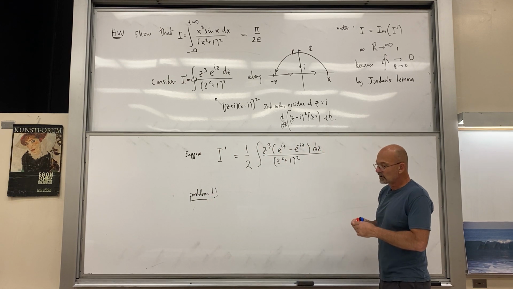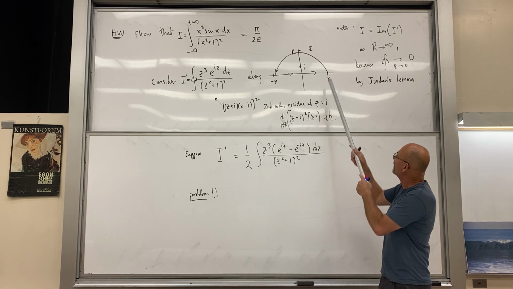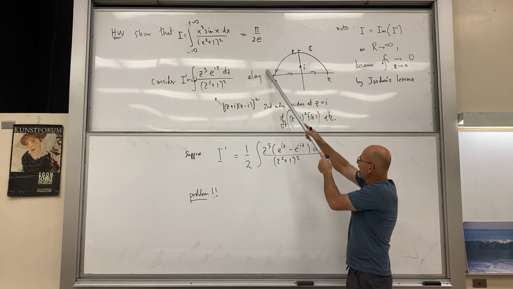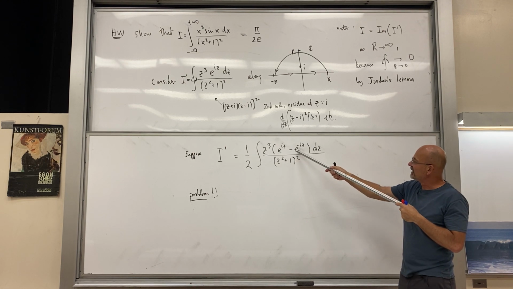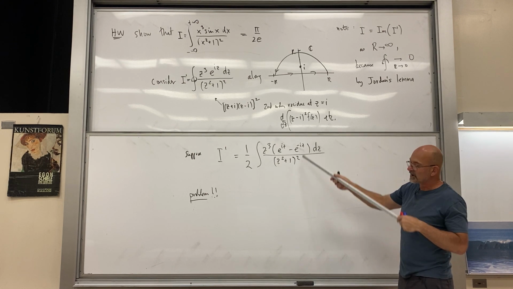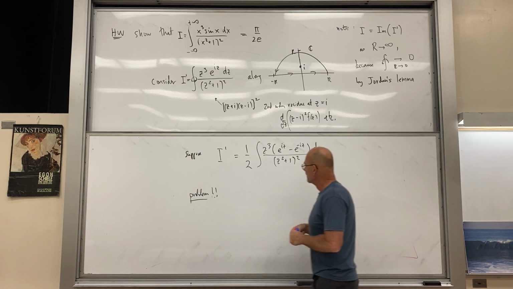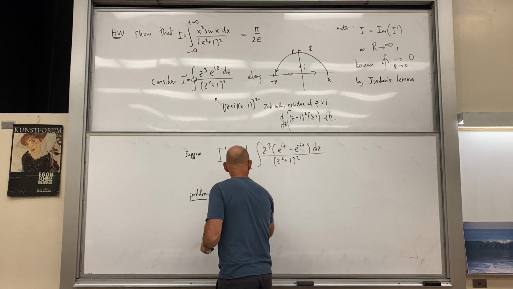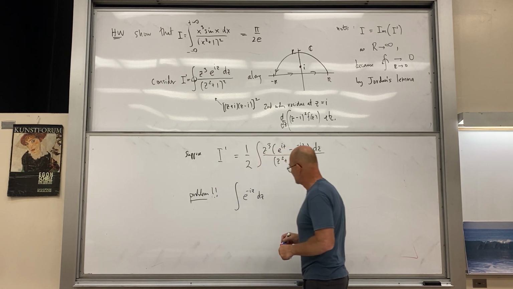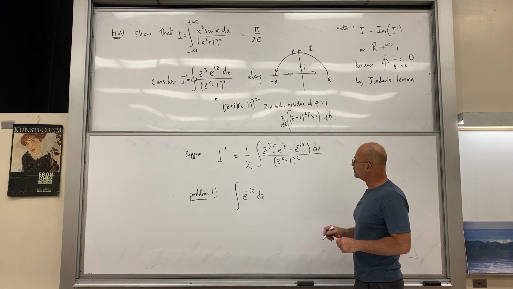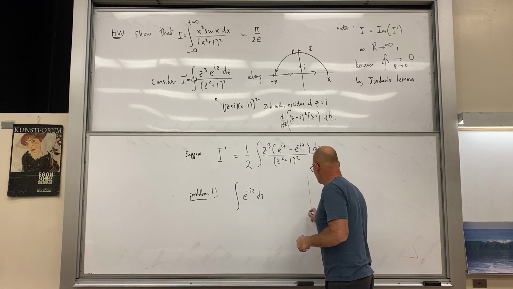Problem is this: if you close the contour in the upper half plane, that's going to work for this one, but you're going to get divergence for this one here. So the integral, let's just look at this one alone, e to the minus iz dz, would diverge in the upper half plane.